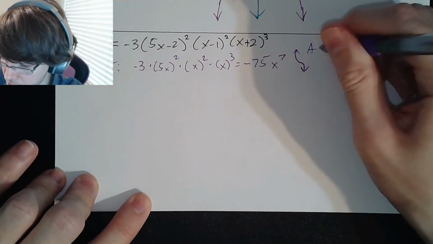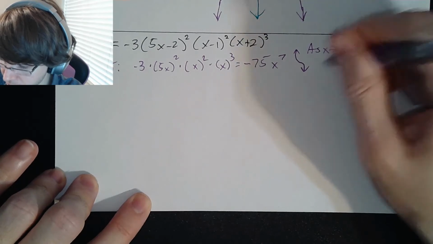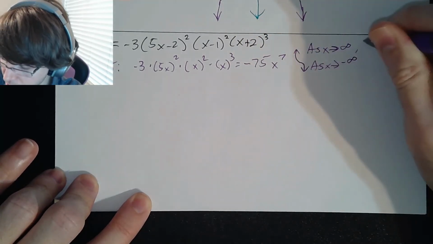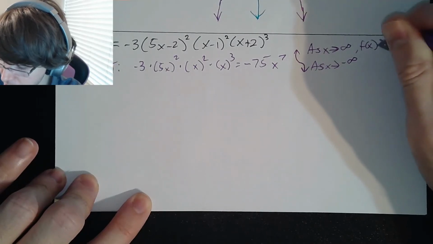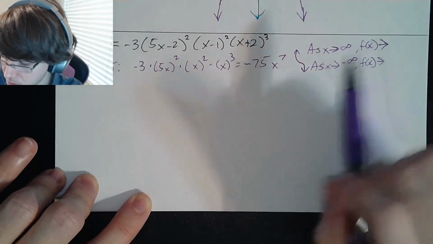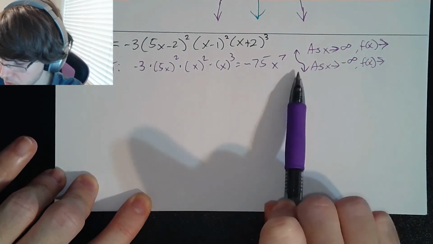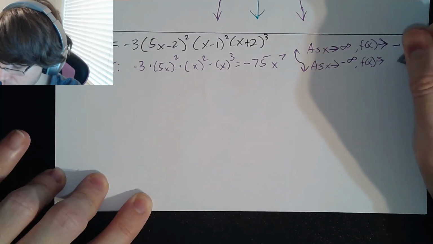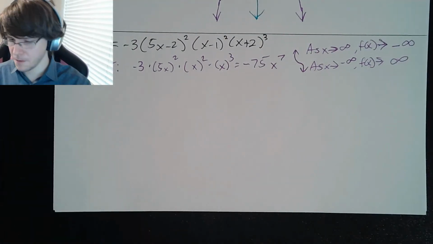Working it out, we'd say as x goes to infinity, f of x is going to go to, and as x goes to -infinity, f of x is going to go to, and because it's going up to the left and down to the right, we'll say -infinity for this guy and +infinity for that guy.